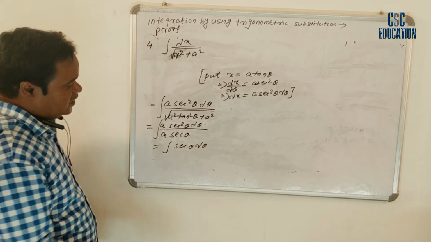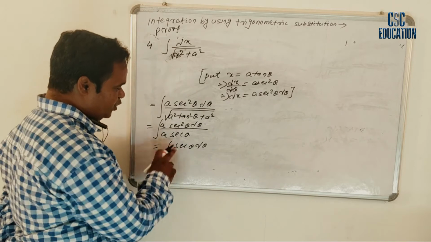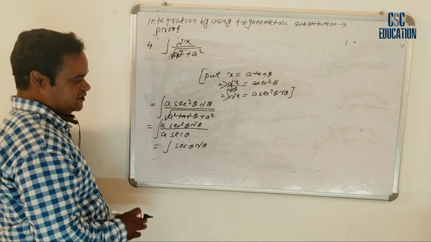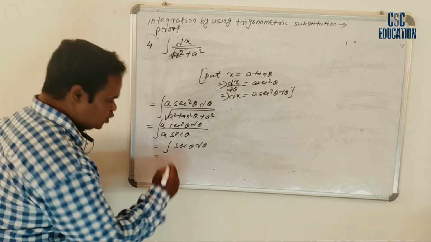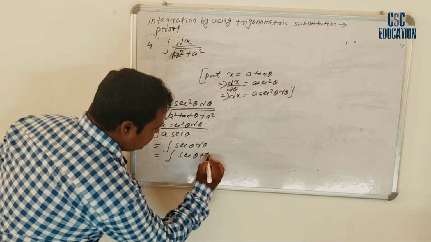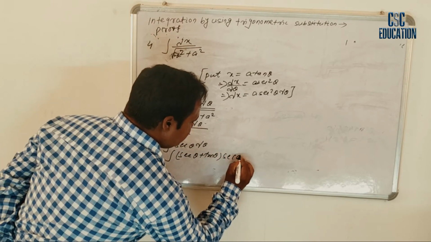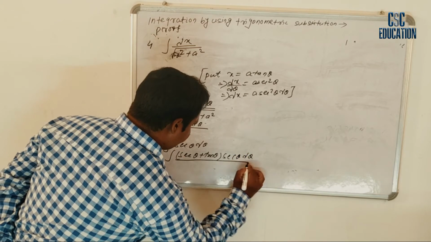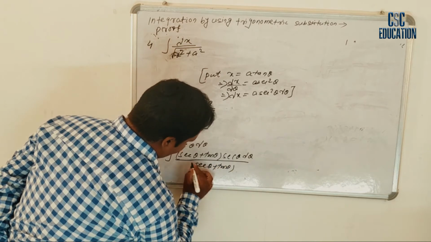In the previous substitution methods, we know that the integration of sec theta cannot be put directly. So here we multiply sec theta plus tan theta in the numerator and divide by it, giving sec theta d theta divided by sec theta plus tan theta.